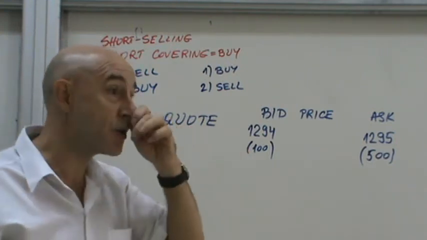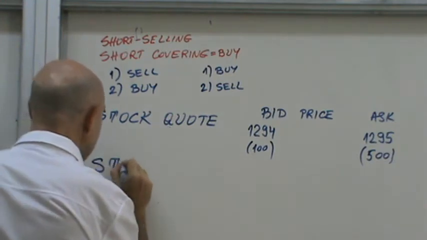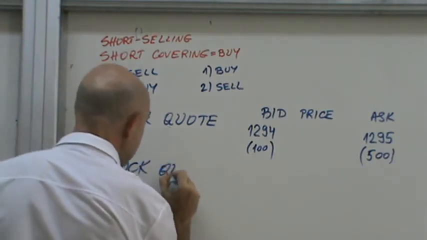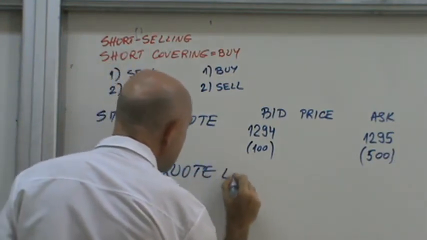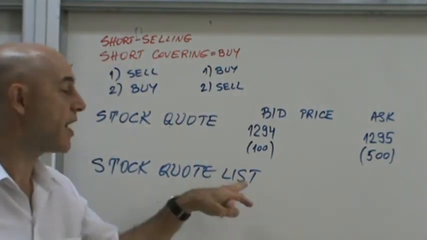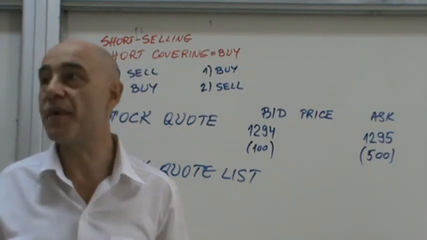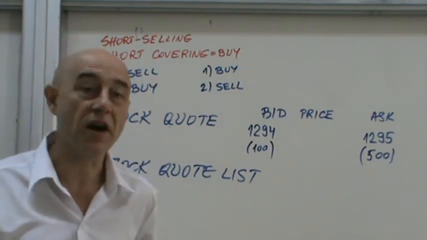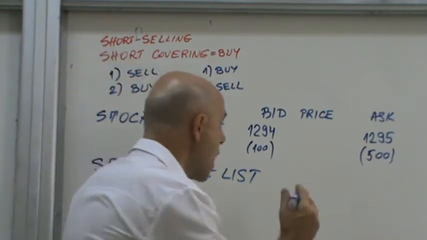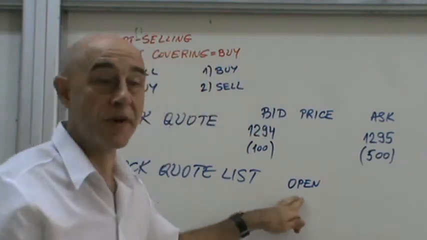So that's a stock quote. And then you can have a stock quote list. They still use these in the textbooks, but they're now not anymore. It is how they tell you in the newspaper about a particular stock. They'll tell you what's the price at which the market opened.